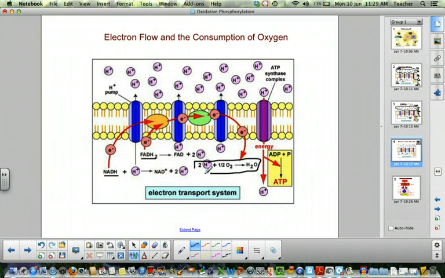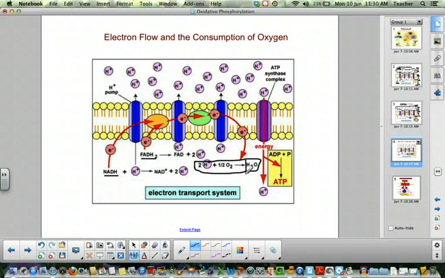And this is the exact opposite reaction as to what happens in photosynthesis. During the light reactions, water is split into protons and electrons and oxygen. Well, in this case, we have the protons that came from the NAD and the FAD, combining with electrons and oxygen that was brought in by the mitochondria to form water.